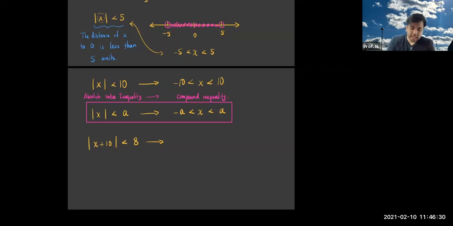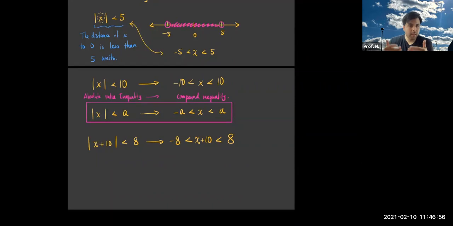Well, treat x plus 10 as one single thing, as another variable. And what's the absolute value of a variable less than a number? Well, then we can represent this as x plus 10 is less than 8, but greater than negative 8.